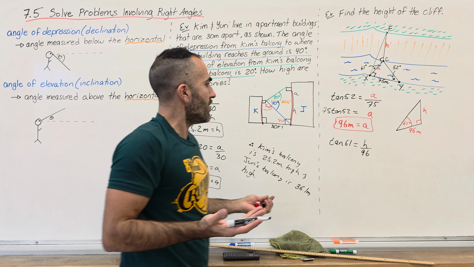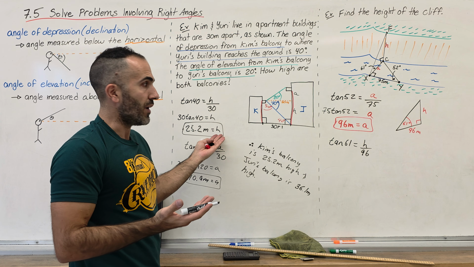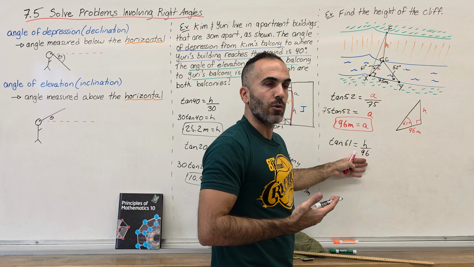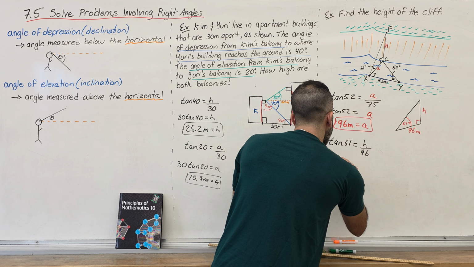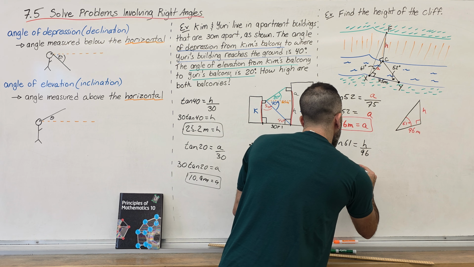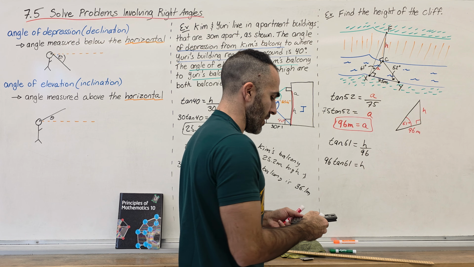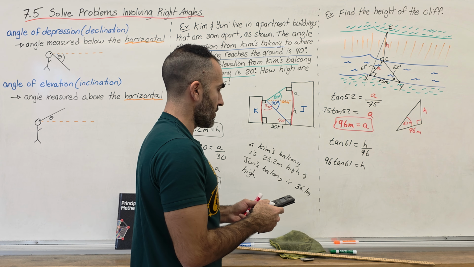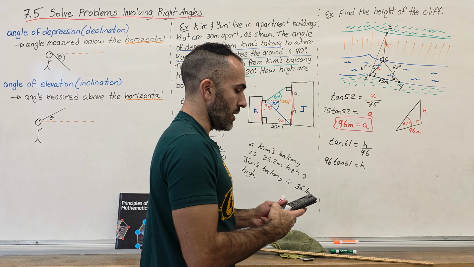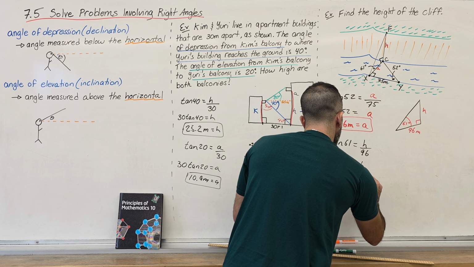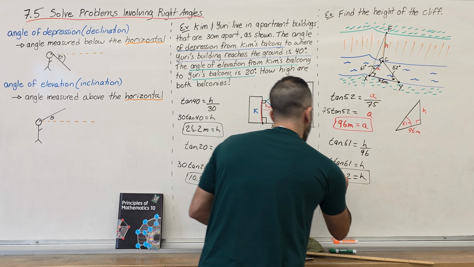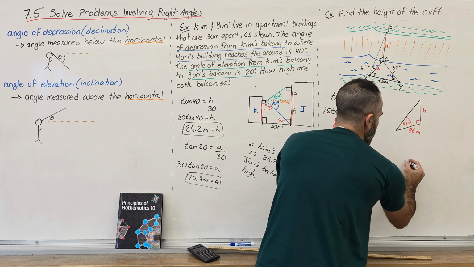These are also all easy because I'm solving for the numerator, right? The H is never at the bottom, or the unknown is never at the bottom. So it's kind of always the same math. 96 tan 61 is H. Calculator time. 96 tan 61 equals 173.2 is H. Therefore statement to finish it off.